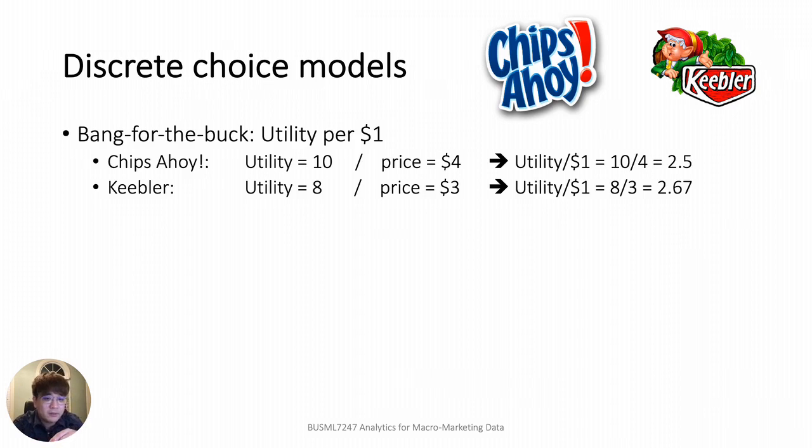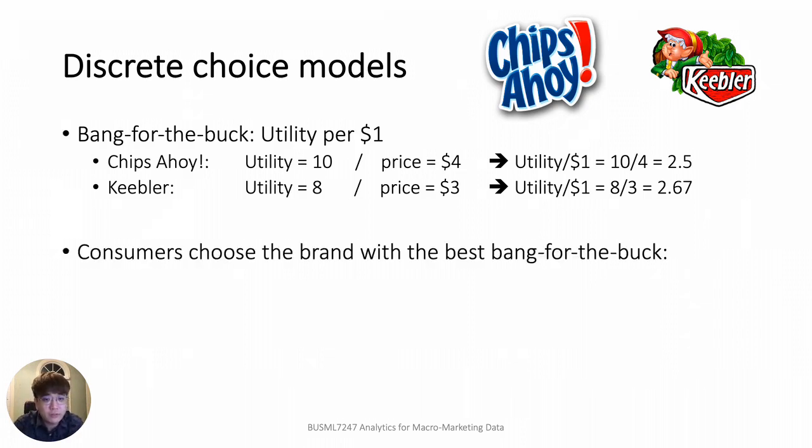And the market price of Chips Ahoy is $4 and Keebler's price is $3. Then, this consumer's utility for $1 becomes 10 divided by 4, which is 2.5 for Chips Ahoy, and 8 divided by 3, which is 2.67 for Keebler. Thus, this consumer may choose Keebler instead of Chips Ahoy, conditional on the prices.